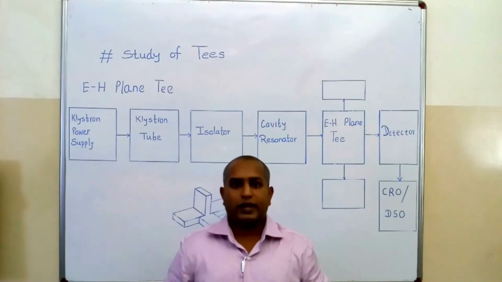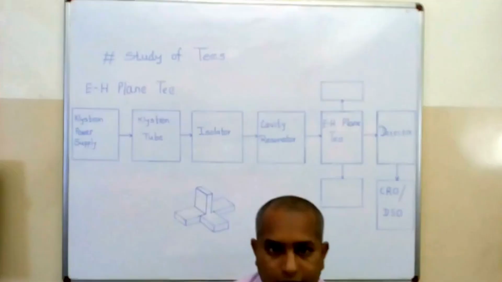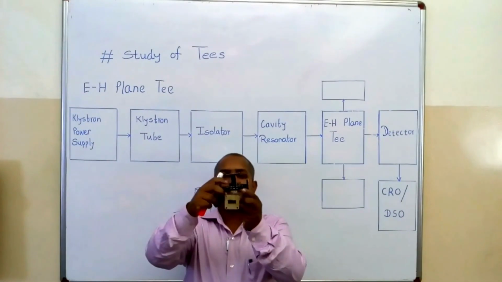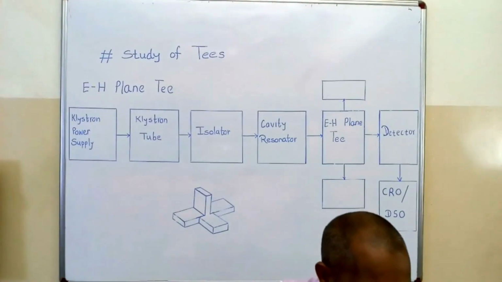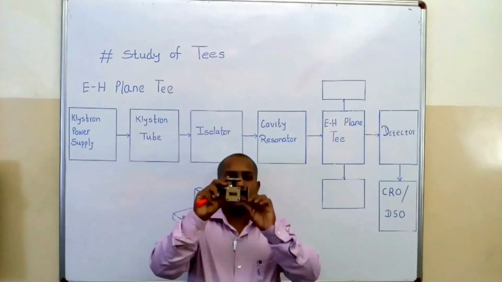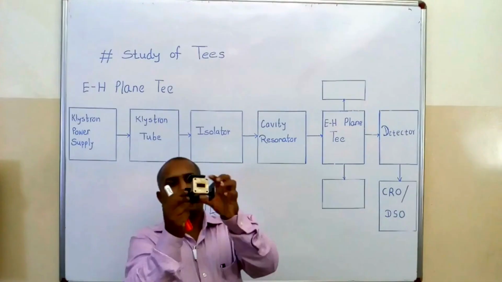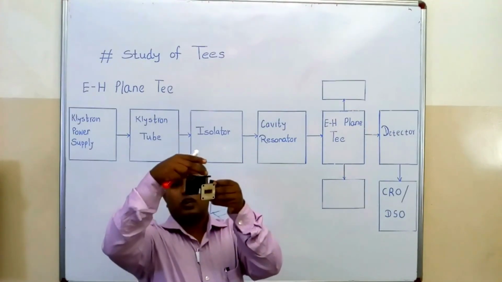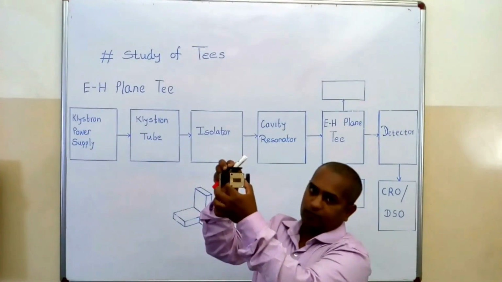Let us see the EH-plane T. The name itself indicates that the combination of E-plane T and H-plane T is nothing but a new T and is known as the EH-plane T. Look here in this 3D geometry, this portion is your main waveguide, this portion is your E-arm and this portion is your H-arm.